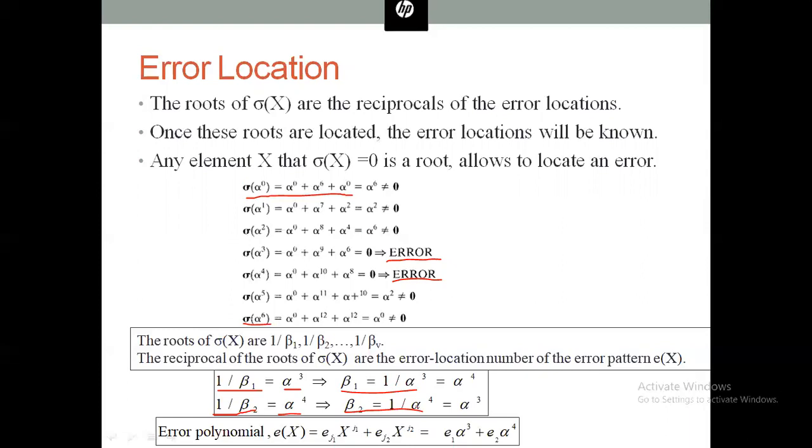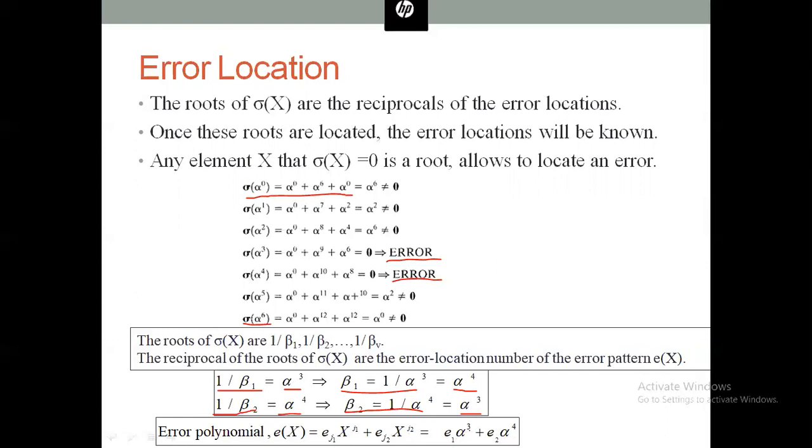So to calculate the value of alpha minus 3, we check all the values of alpha 3 in the multiplication table and find where it is equal to alpha naught. Where the product with alpha 3 is alpha naught, we choose this value, that is alpha 4, and that is alpha 3. So the location is error 1 alpha 3, error 2 alpha 4.